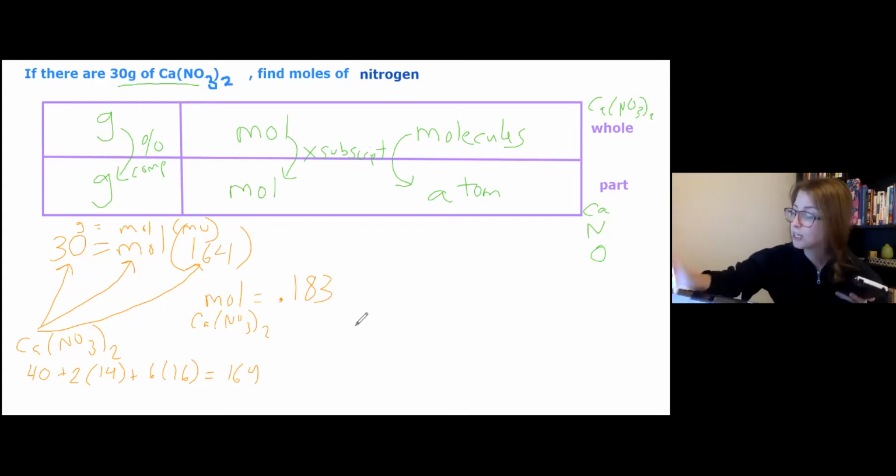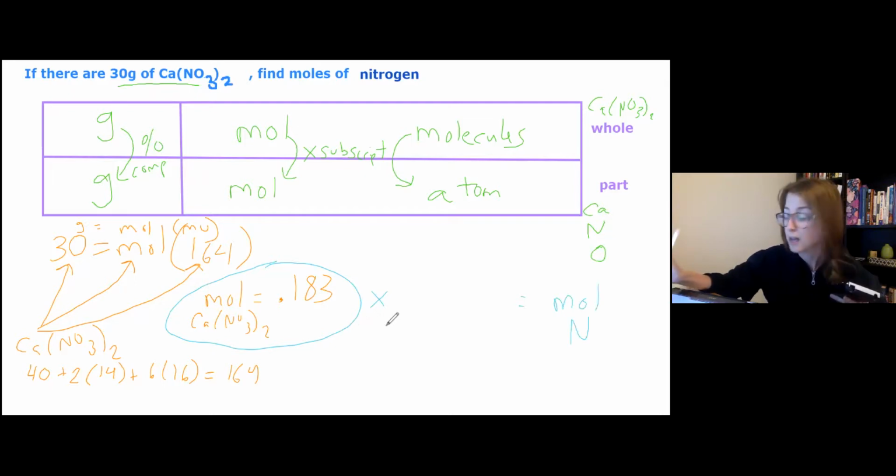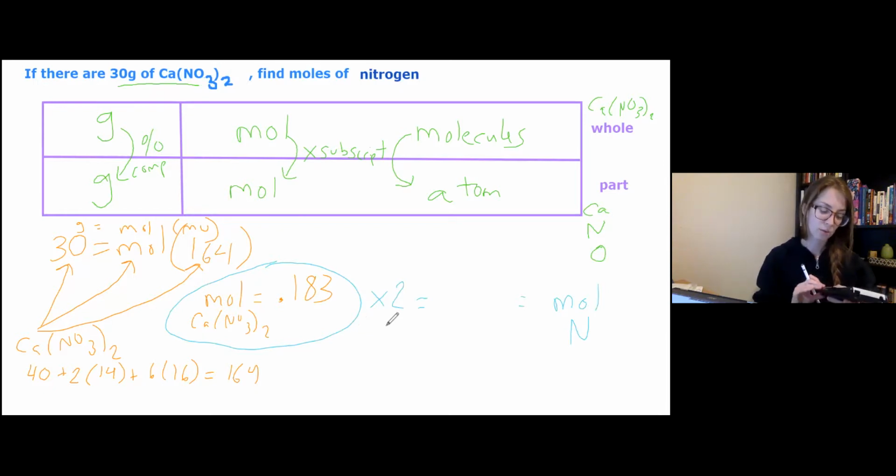Going back to the question, if they want moles of nitrogen, now I have moles of the whole. I can multiply by the subscript to get me moles of a part, in this case, nitrogen. Nitrogen has a subscript of 2, so I'd take my 0.183 and multiply it by 2. 0.365 would be my moles of nitrogen.